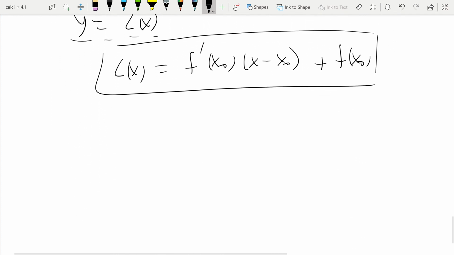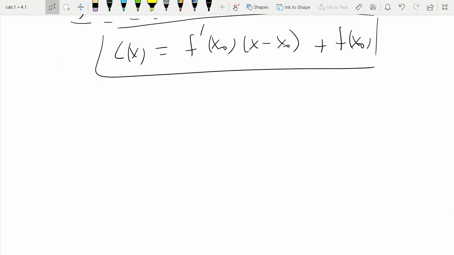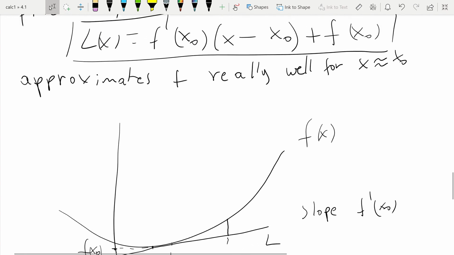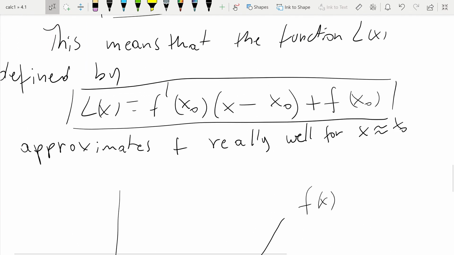There's no reason why something that behaves locally like a linear function L will look like the same linear function elsewhere. So that's the point of this first part. The introduction is just to say why we can approximate things, and we'll use the linear function to approximate the actual function f.